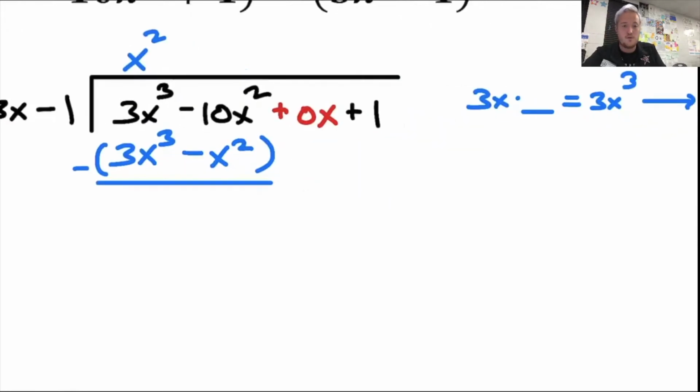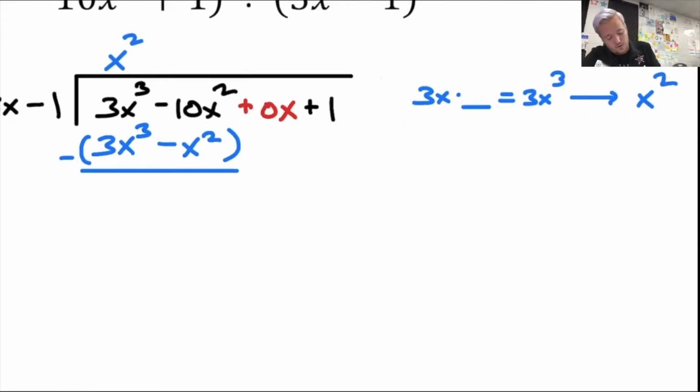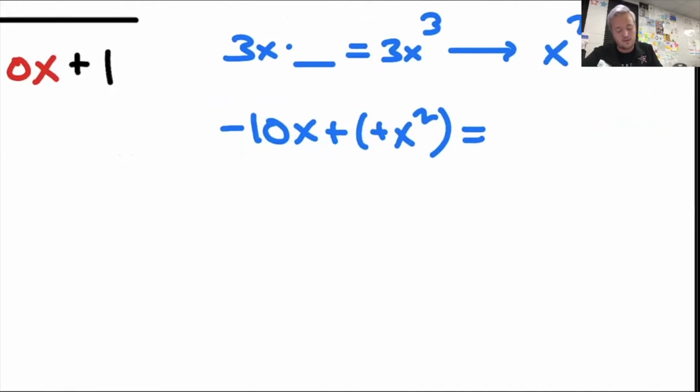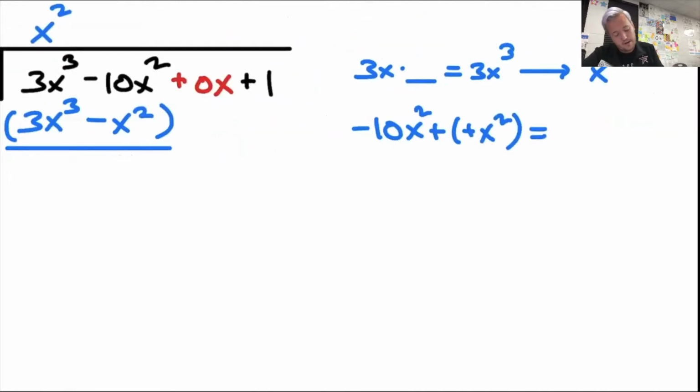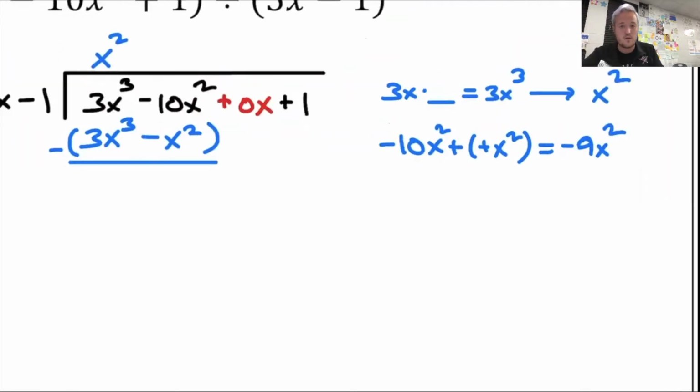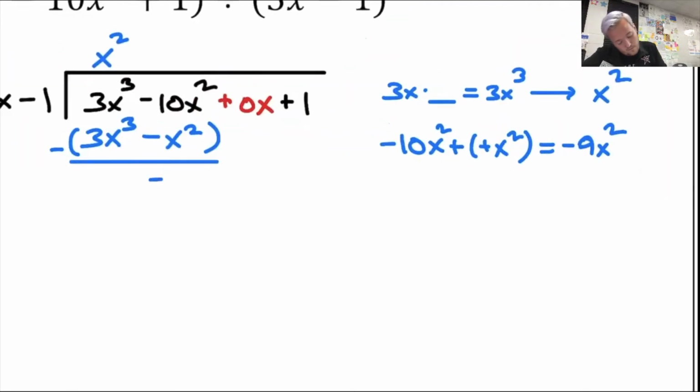Now I'm going to do negative 10x squared minus negative x squared. So minus a negative turns into plus a positive. Negative 10x squared plus x squared gives you negative 9x squared. So that's the first set.